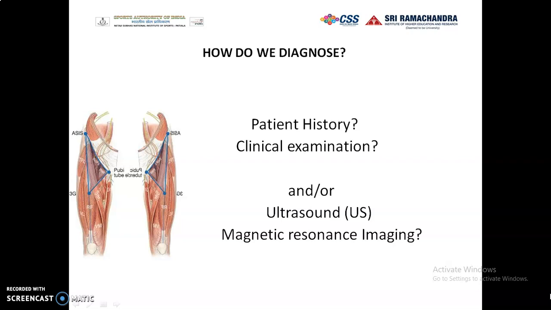How do we diagnose the conditions? If a sportsman walks into a clinic saying that I have a groin pain, then how do you diagnose it?